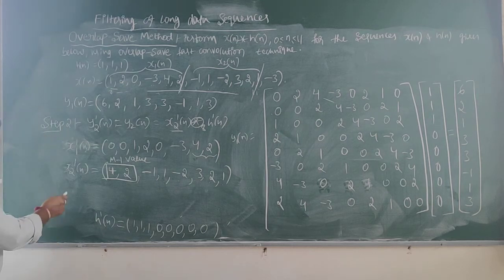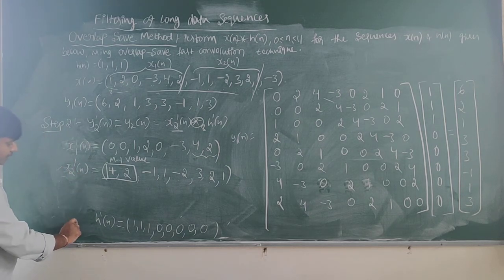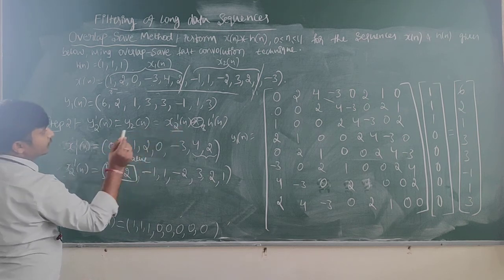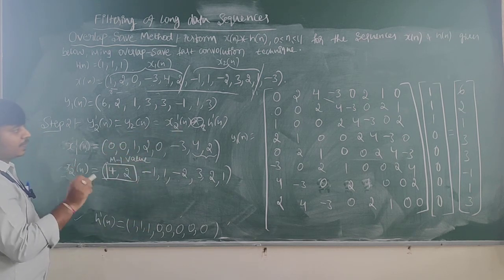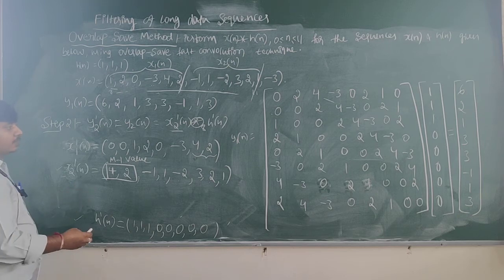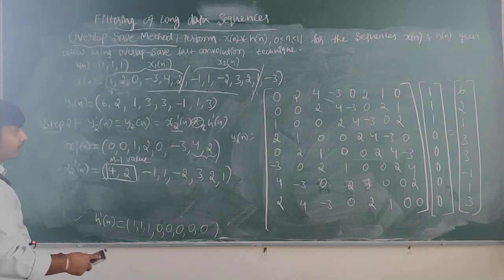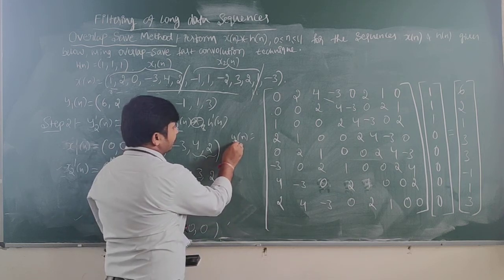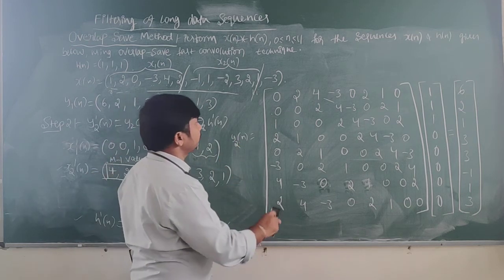Now I have x2 dash of n and h dash of n. Find y2 of n, which is equal to x2 dash of n circular convolution with h dash of n. Follow the same procedure to find the circular convolution. So I am finding y2 of n.